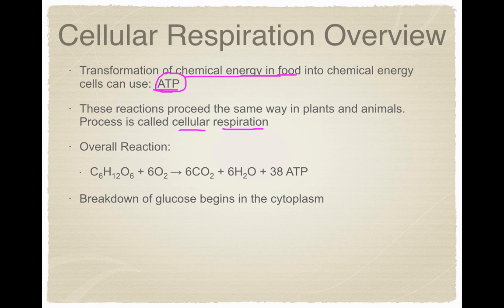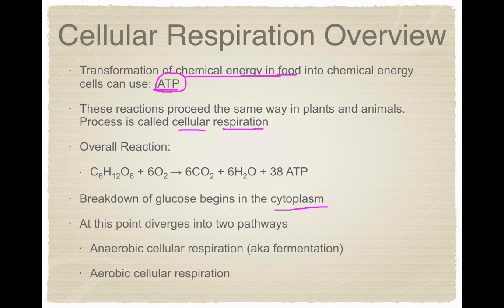The breakdown of glucose actually begins in the cytoplasm, so it does not occur in the mitochondria initially. And then, of course, we have the two respirations. We have anaerobic, which is without oxygen, and aerobic, which is with oxygen.